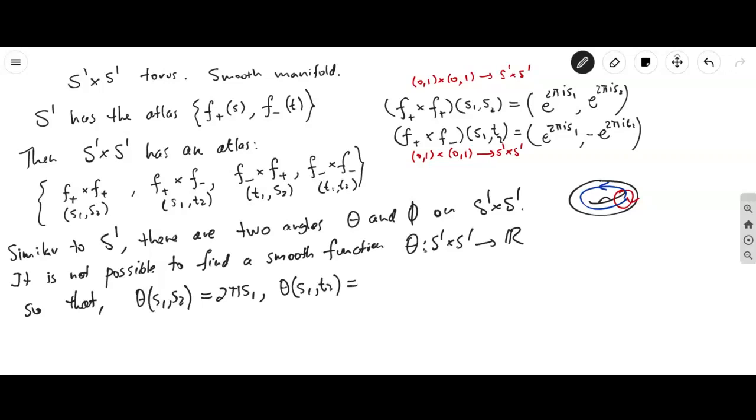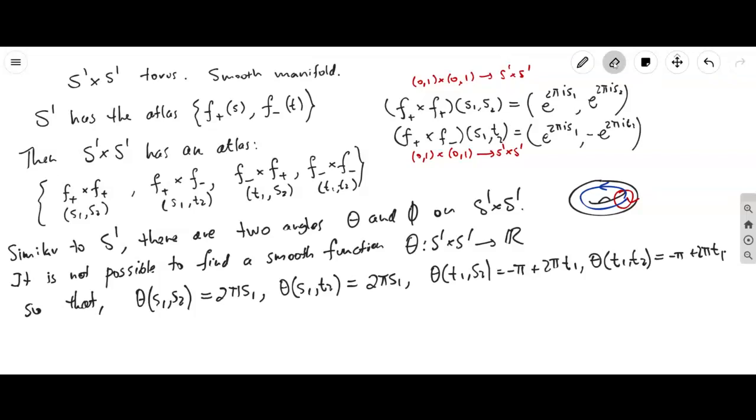When you write it out in terms of the chart, this would be 2 pi s1. Theta in terms of the chart t1, s2 would be negative pi plus 2 pi t1, and theta in terms of the t1, t2 chart, negative pi plus 2 pi t1.